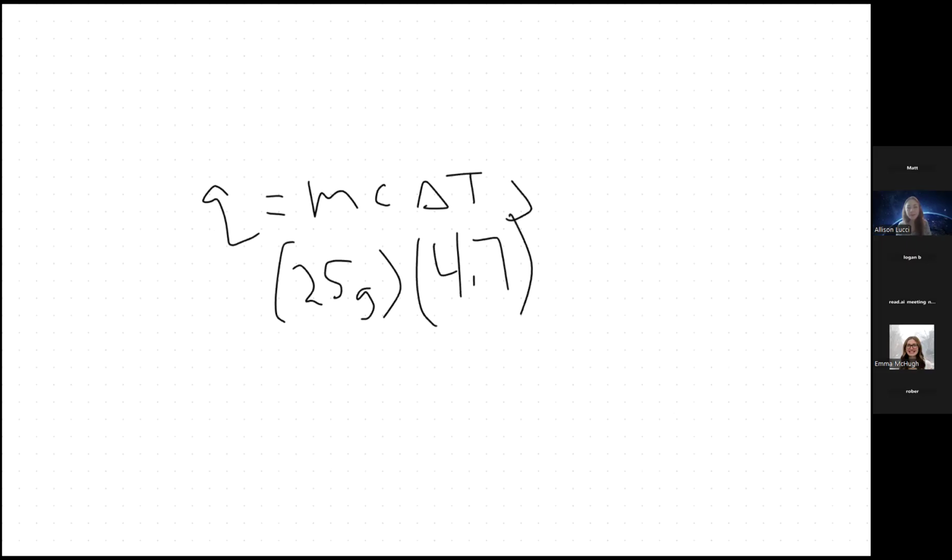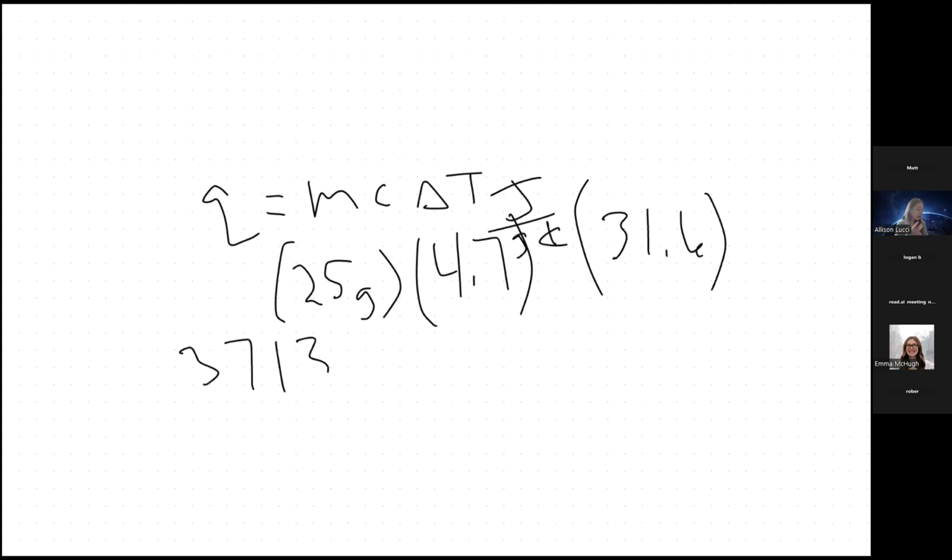And then our delta T: negative 65 was our initial, and the final would be negative 33.4, because we didn't quite change to a gas yet. That was the 31.6. So we multiply all these together and we should get 3,713 joules.